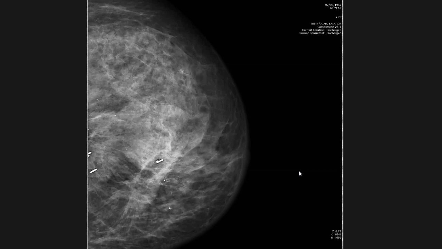Sometimes you may see some non-mass-like enhancement, but the most important thing here is to sample this calcification. How would we normally do that? Okay, I will go for biopsy and histopathological correlation, to see if this is a recurrence of mass or just a post-radiation scar.